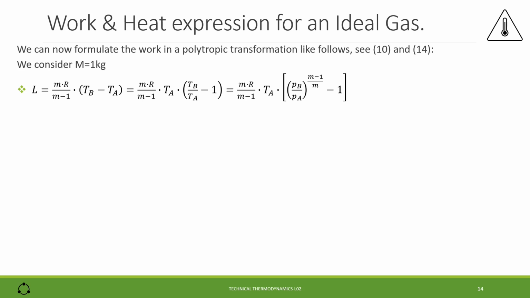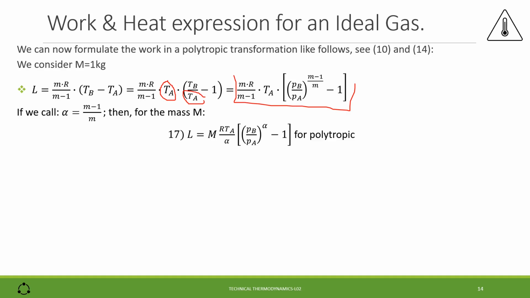And if we multiply and divide by the temperature of the state A, and remembering the expression 14, we find this formula. Now, if we call alpha (m-1) over m, and we introduce the mass capital M for having a more generic expression, we can write the formula number 17, valid for a polytropic transformation.